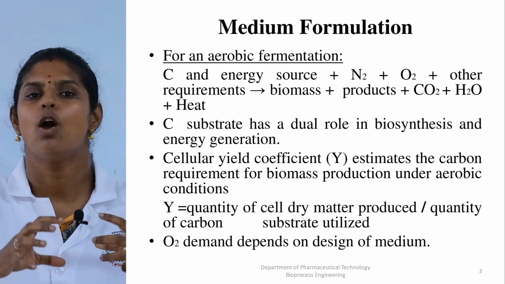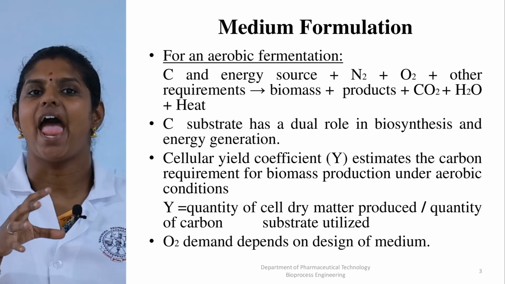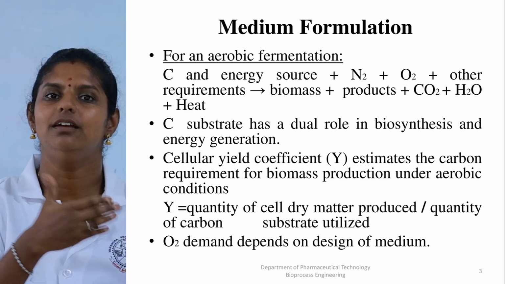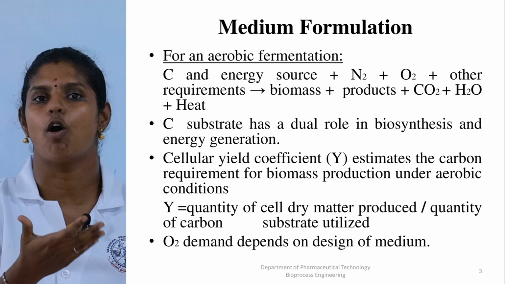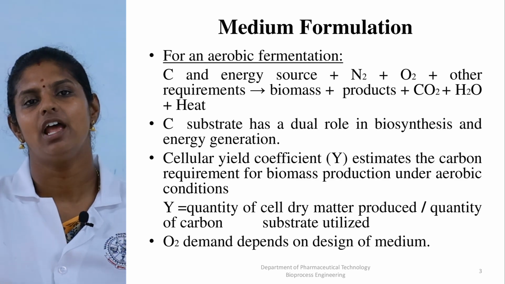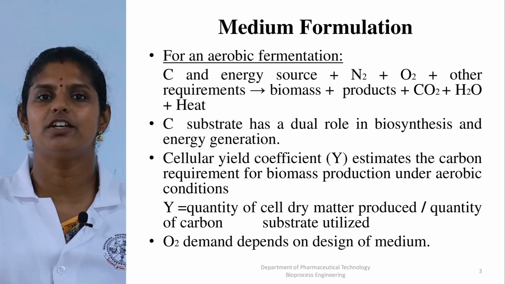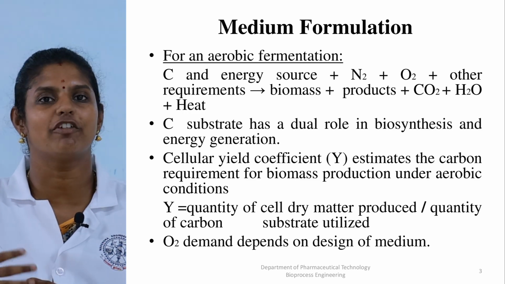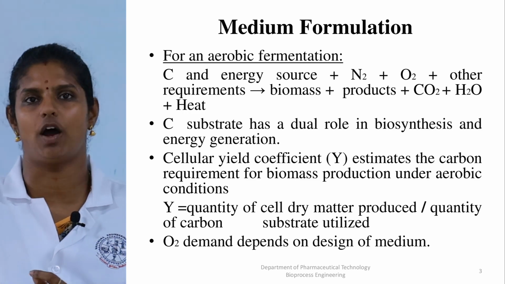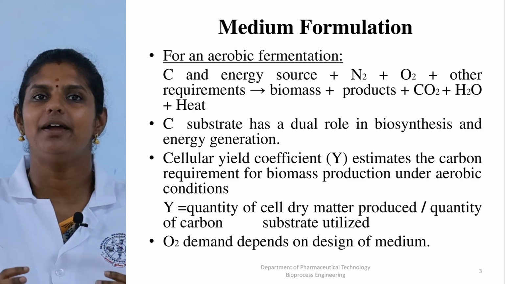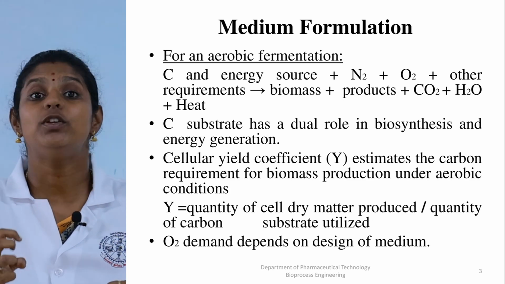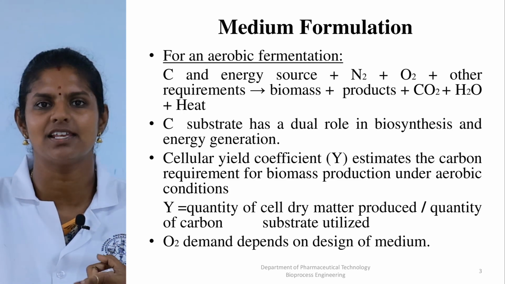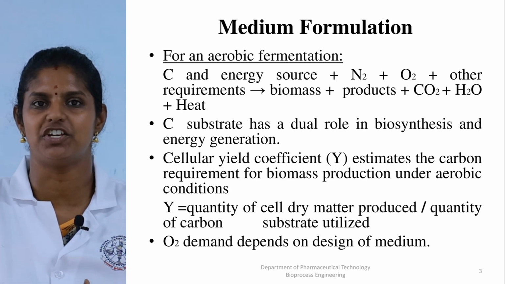The first is what substrate we are giving and what products are derived. The substrate is mostly carbon and the energy sources, along with nitrogen, oxygen and other requirements, which give us biomass and the product, along with the generation of heat, carbon dioxide and water. We know carbon is the main substrate which plays an important dual role: one in the process of biosynthesis and the other in the process of energy generation.